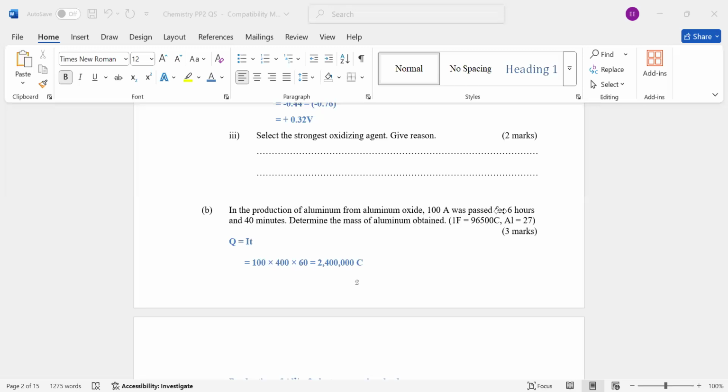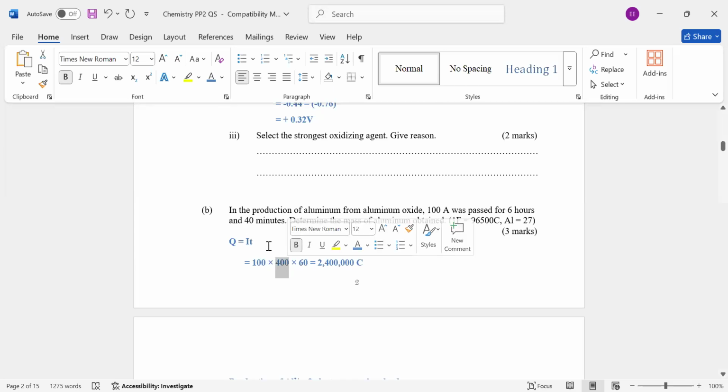Then you've been told the time is 6 hours and 40 minutes. If we convert it, it comes to 400 minutes, because 6 hours is 360 minutes, and if we add 40, it becomes 400 minutes. But then this time should be in seconds. That is why we are multiplying by 60 to change this time into seconds.